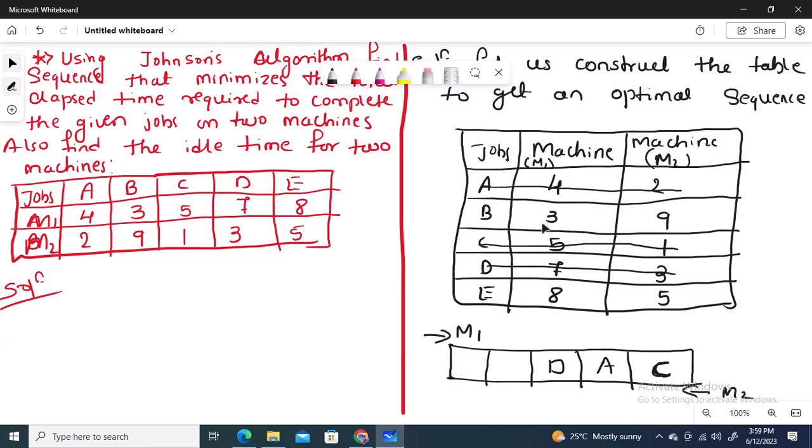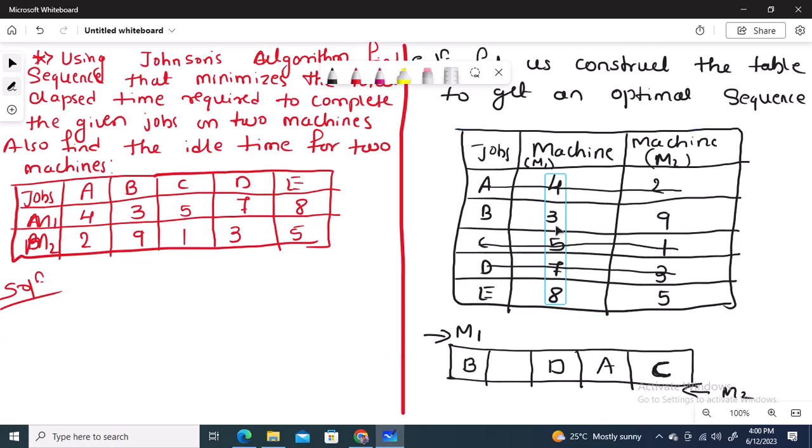Now you can see this 3 hours is allotted for machine 1 for job B. So job B is the first job for machine 1. We write B here. Don't write it on the other side, because if we write it again under M1's starting job, we won't know.